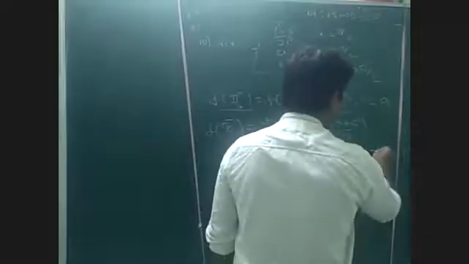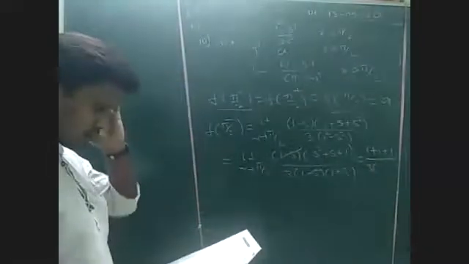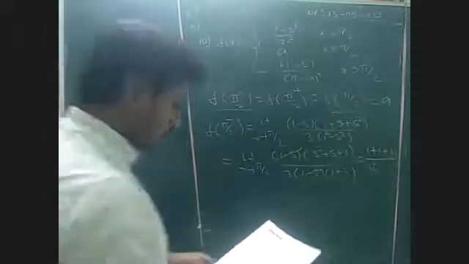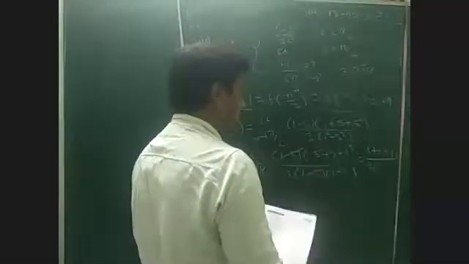So 1 plus 1 plus 1 is the numerator. The denominator is 3 into 1 plus 1.